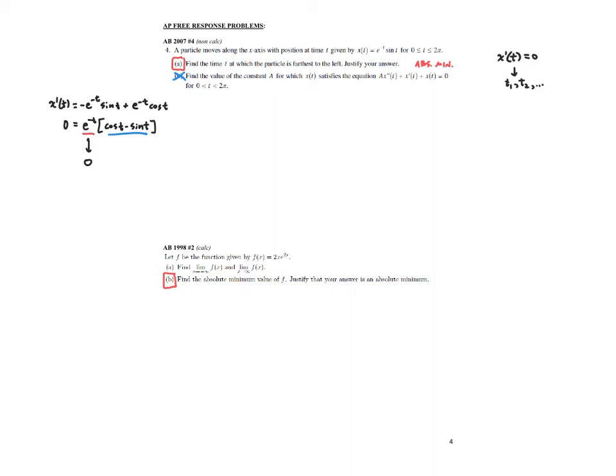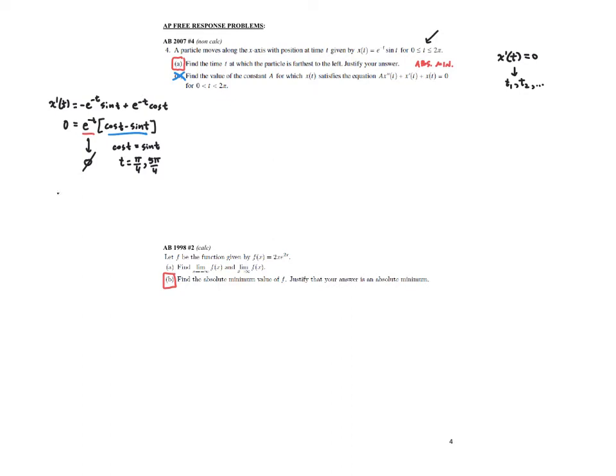That was supposed to be a circle with a line through it. No solutions. Okay, but cosine of t minus sine of t is equal to 0 when cosine of t is equal to sine of t. And that's true within our bounds of 0 to 2 pi at two places: at pi over 4 in quadrant 1 and at 5 pi over 4 in quadrant 3.